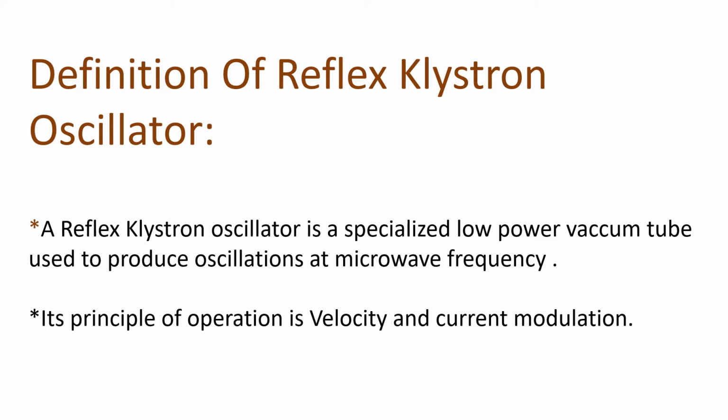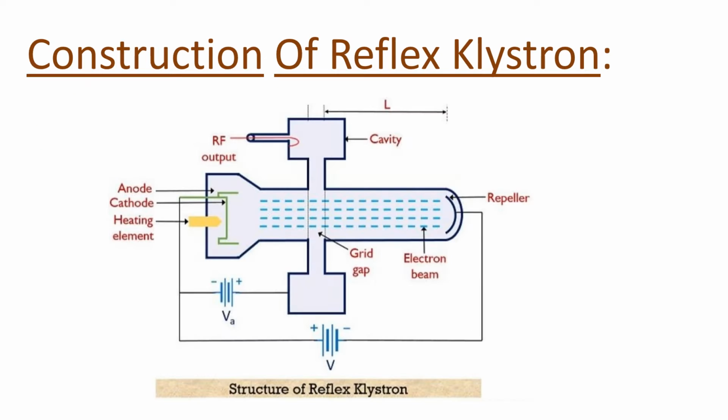Then we will move to the construction of the reflex Klystron oscillator. Here it gives the construction of the reflex Klystron oscillator. It consists of anode, cathode, heating element, cavity, RF output, grid gap, electron beam and repeller, and then voltage.